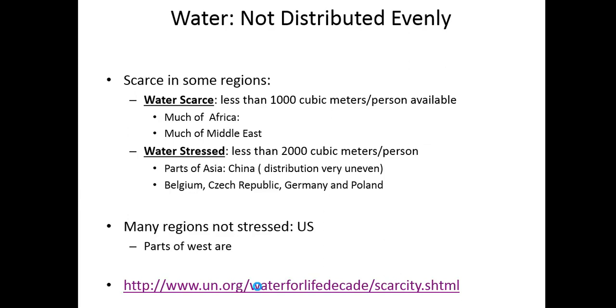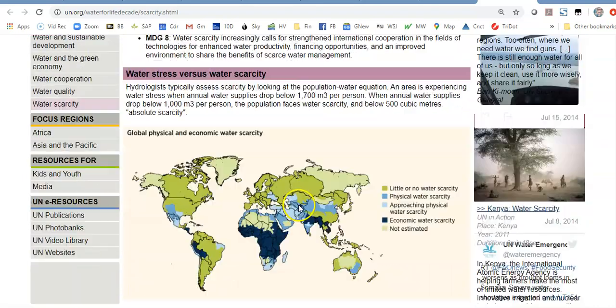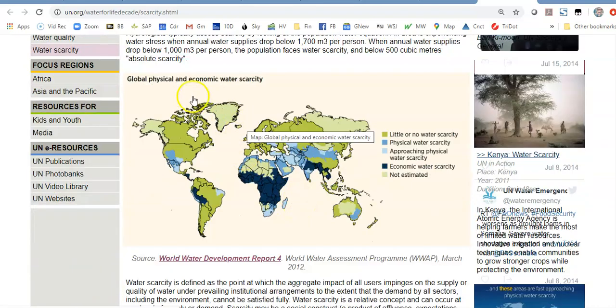So if we go to this link here, we will see, amongst other things, a chart that shows that most of the U.S., Canada, and other parts of the world don't really have a lot of water scarcity.